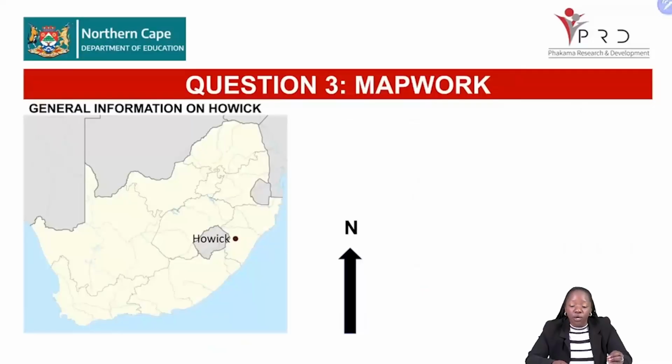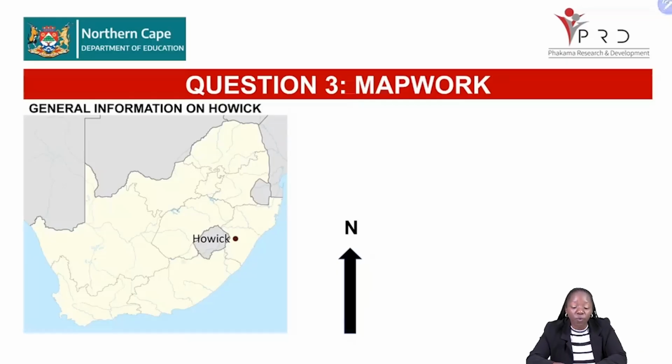Then your question 3, which is your map work. Your map work is based on the map of Howick. Each and every time you will be given a map, and then in that map, before you reach the question, they will give you a map of South Africa, and then they locate where the area in question is.